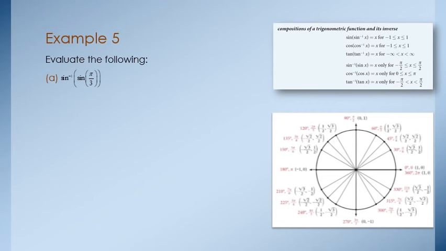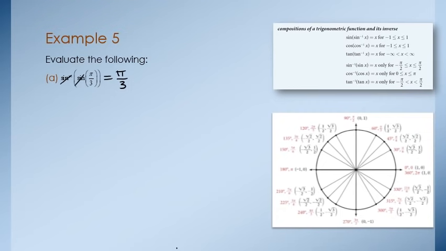What we saw with a function and its inverse on the previous slide is that whatever the input is, the output is as well. So I'd like to say that this is equal to pi over 3. The way I think of it is that an inverse undoes the sine.